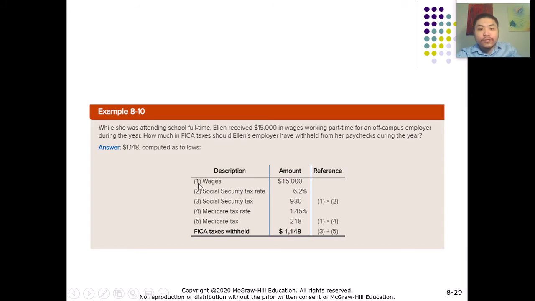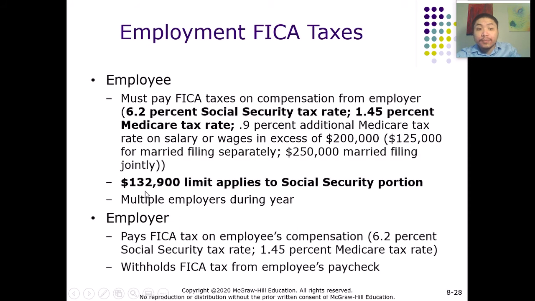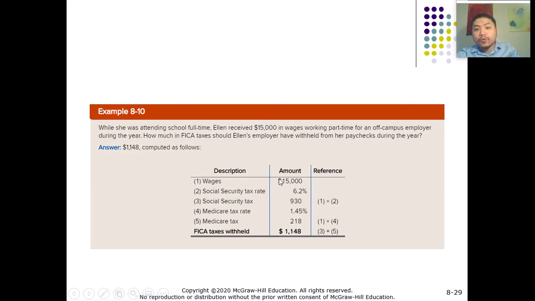First, for Social Security tax, since $50,000 is lower than the limit of $132,900, we use the whole amount, $50,000, to calculate the Social Security tax. So it's $50,000 times 6.2%, which equals $3,100.